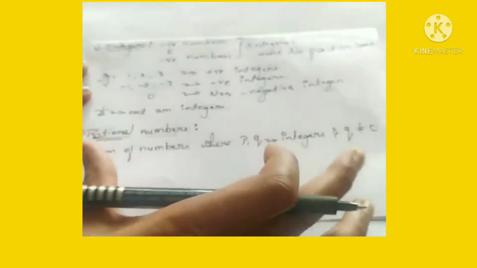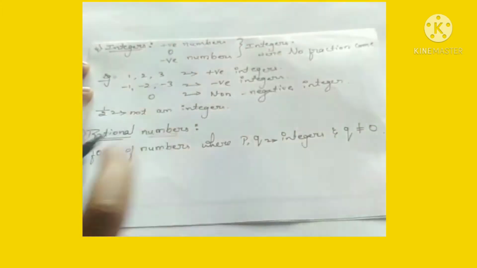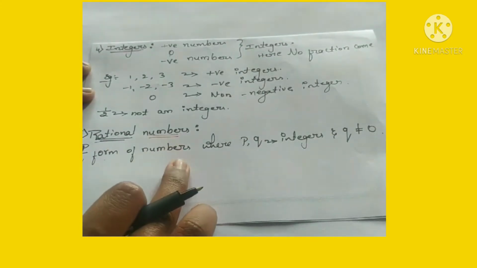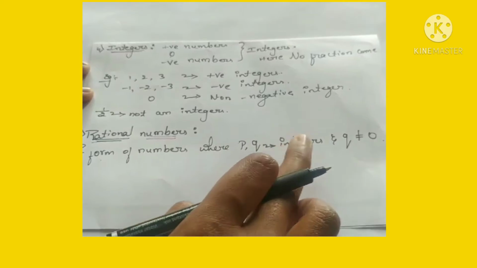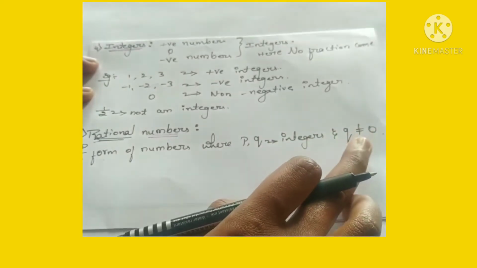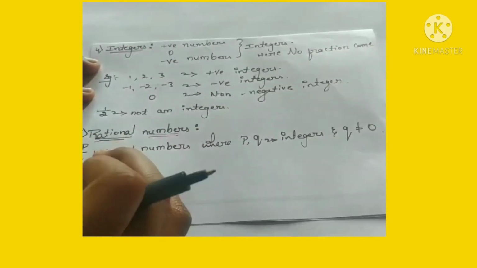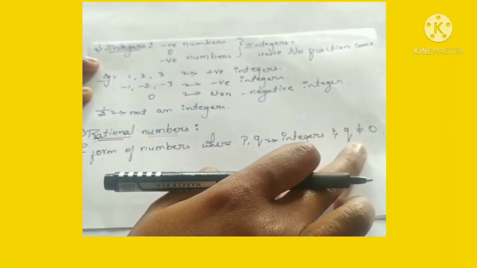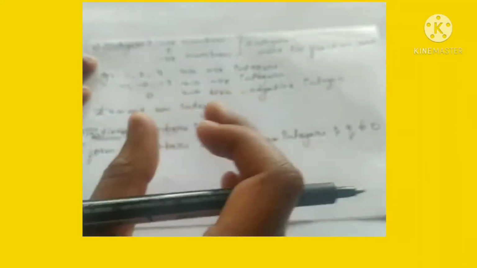This is the definition of a rational number. If any number satisfies these conditions, then we call it a rational number.